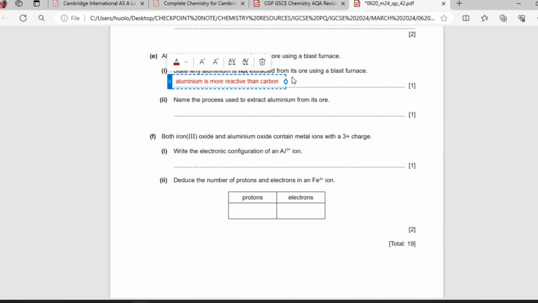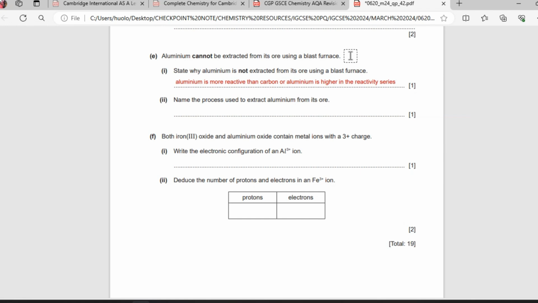Aluminium is more reactive than carbon, or you could say that aluminium is higher in the reactivity series.